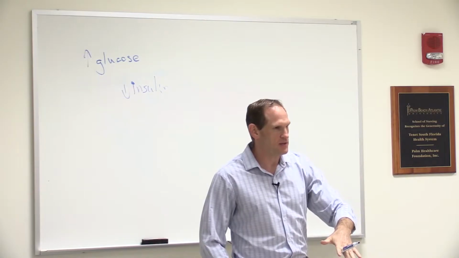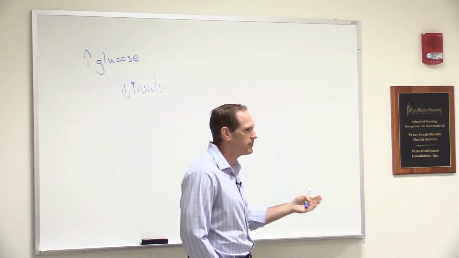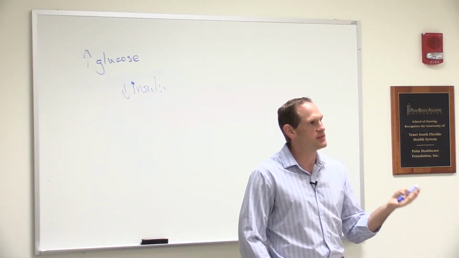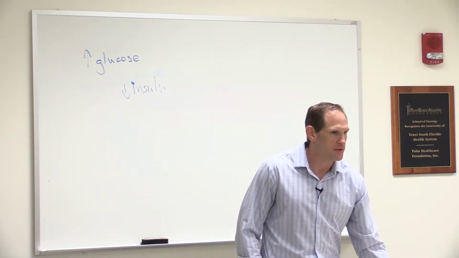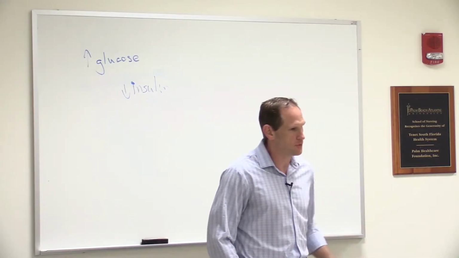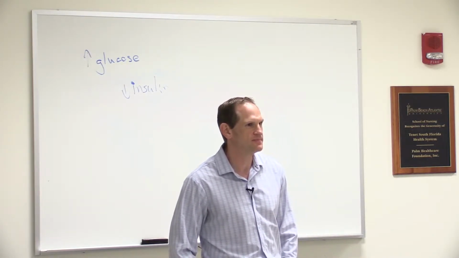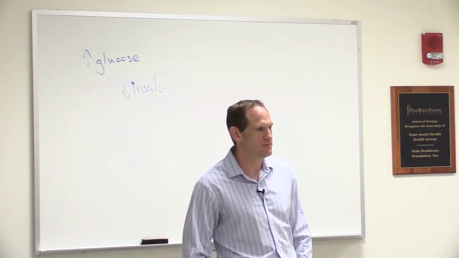Type 2 diabetes is a little bit different. In type 2 diabetes, the problem isn't that there's not enough insulin, at least at first. The problem is that the cells are not listening to the insulin signal. Now, the reason for that, what's it called when someone doesn't listen to you? Selective hearing. Okay, sure.